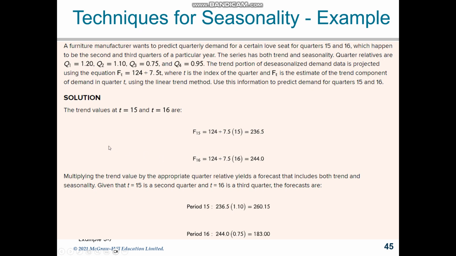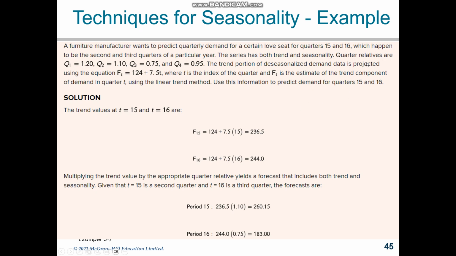Here in this example, a furniture manufacturer wants to predict quarterly demand for a certain love seat for quarters 15 and 16, which happen to be the second and third quarters of a particular year. The series has both trend and seasonality, so we need to find some techniques for seasonality and then incorporate them in our model.